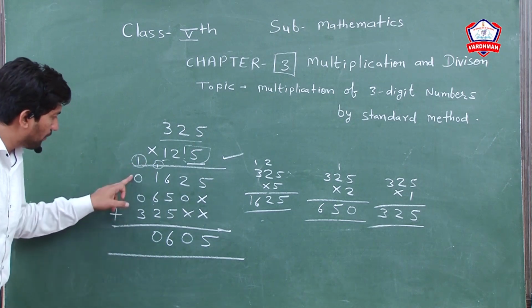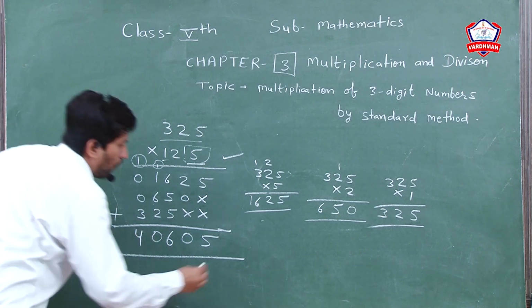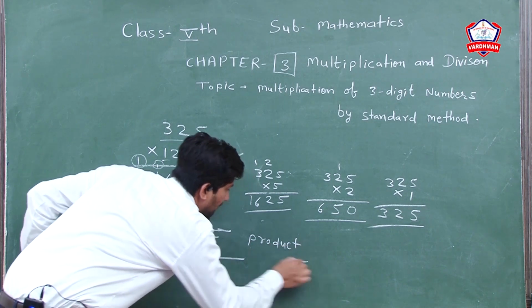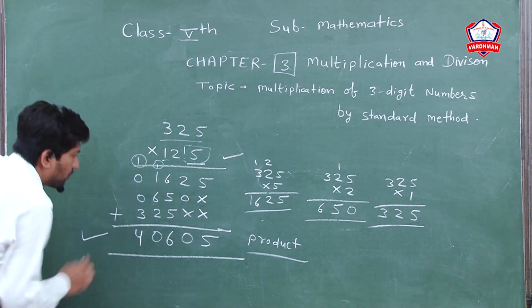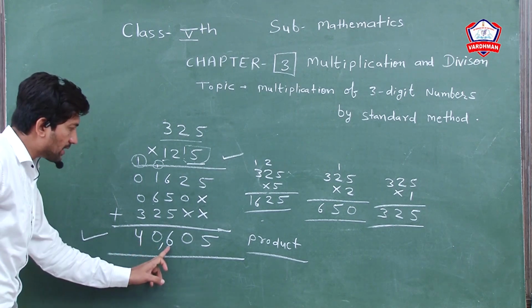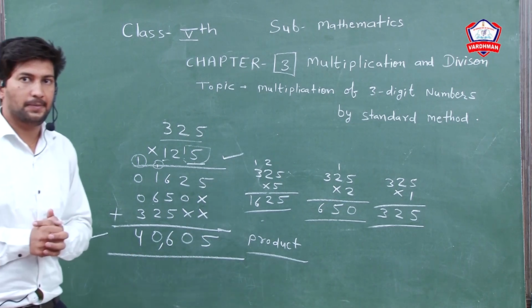Now 1 and 3, because they are 0, 1 and 3 is also 4. Our product, our resultant, is this. How much money will we find? 14,605 rupees in one day.